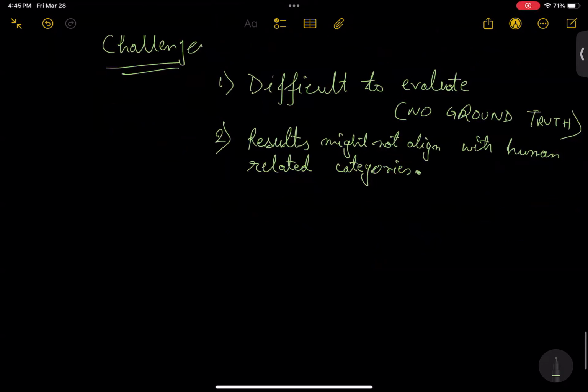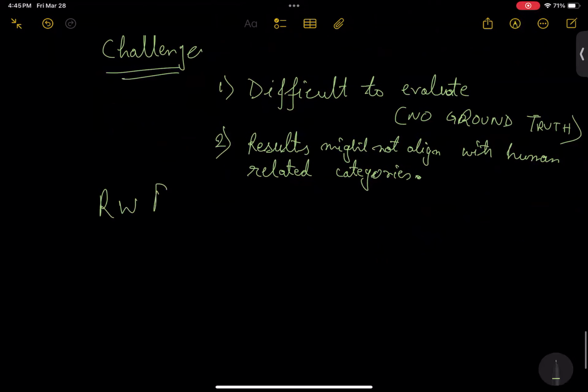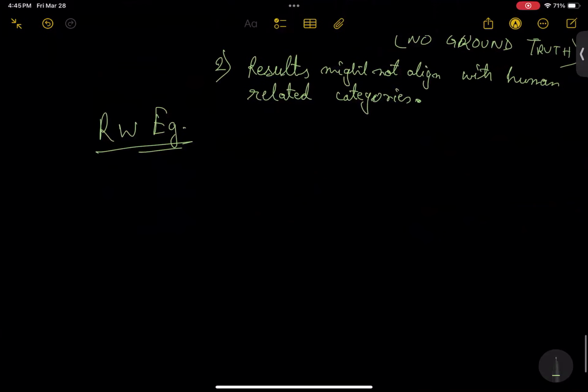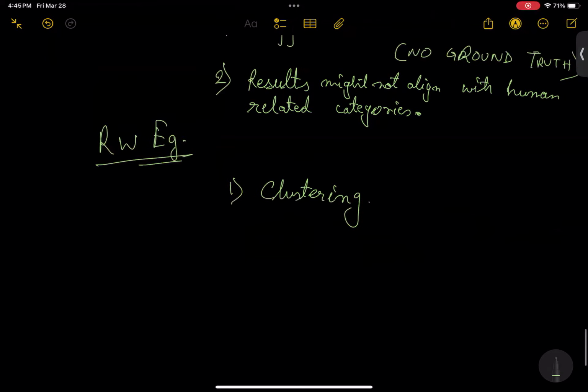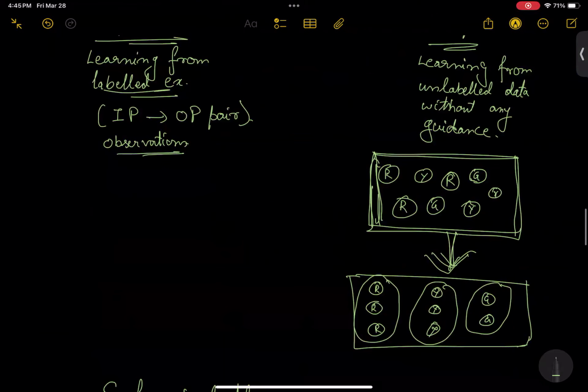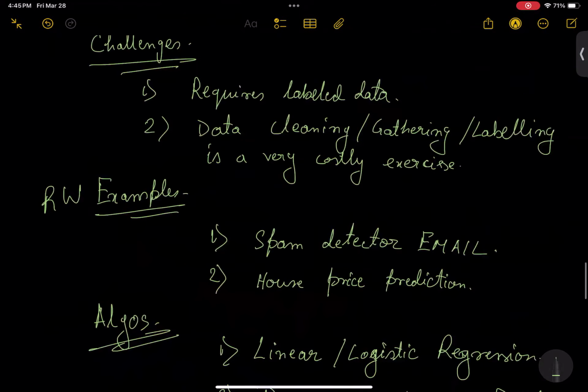What are some real-world examples for this kind of use case? First of all, clustering. The thing that I just showed you is called clustering. Given red, blue, yellow, if we can group them together, this is a clustering example.